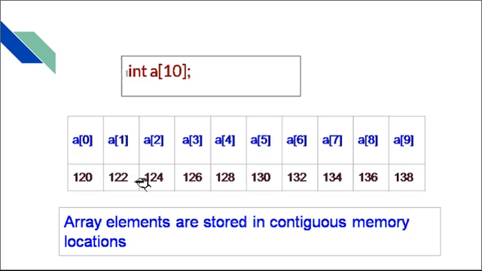And again leave a gap of 2 bytes, and then the next location starts at 124. Leave a gap of 2 bytes. Then the next location starts at 126, and so on. So like that, array elements are stored in contiguous memory locations, but normal variables are not stored in contiguous memory locations. Okay.